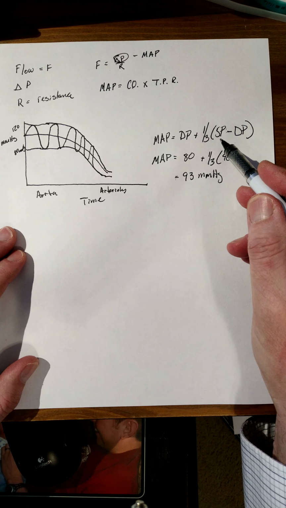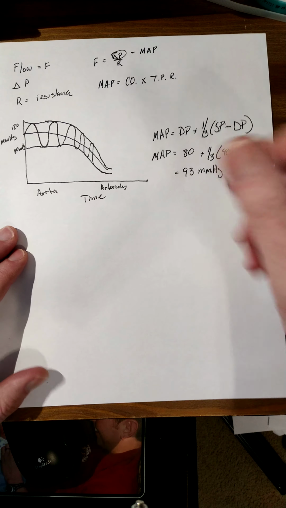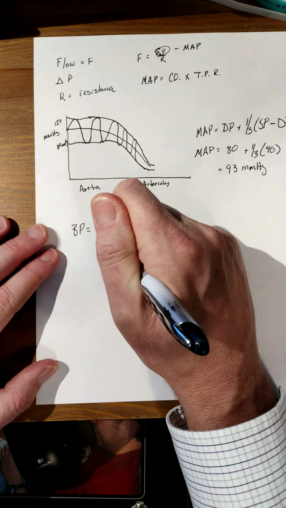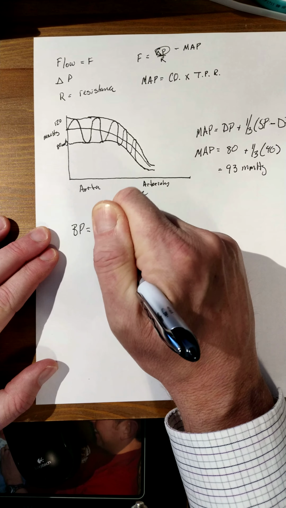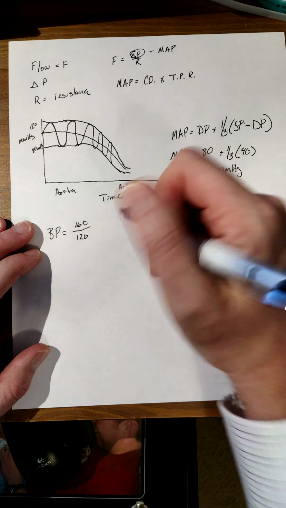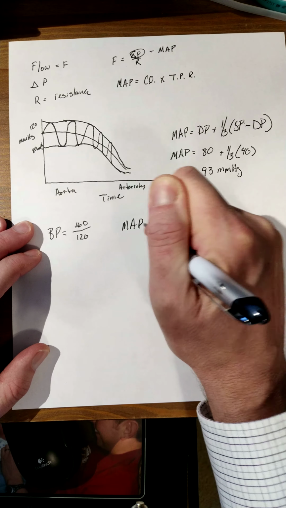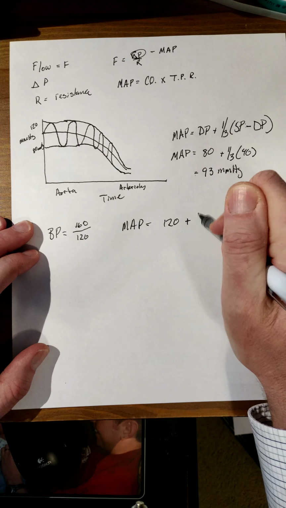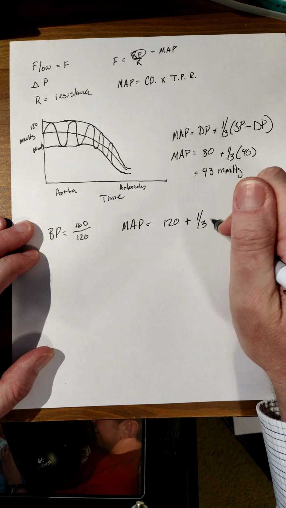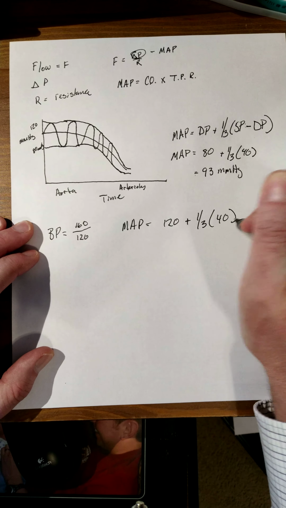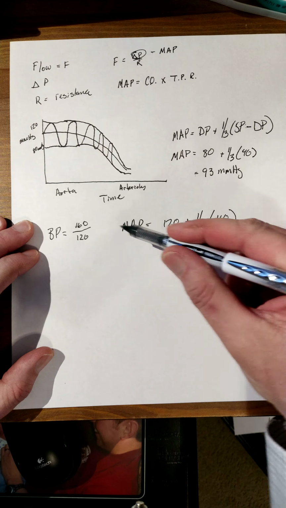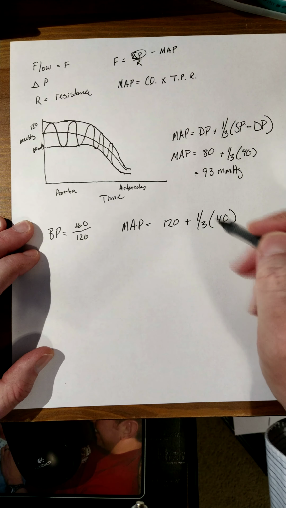of hypertension. So for example, let's say someone had a blood pressure of 160 over 120. Our mean arterial pressure then is going to equal 120 plus 1/3 of 40, because 160 minus 120 equals 40.